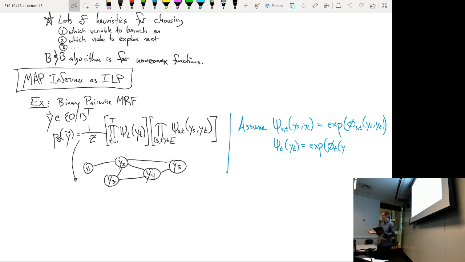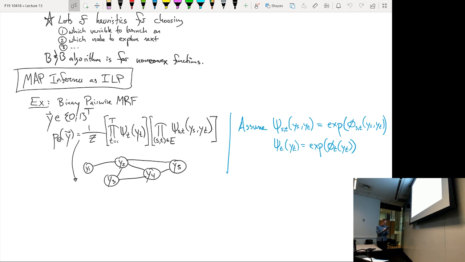So you can think of this like what you're doing for homework 2, where the phi's are, say, the output of some LSTM or something or other, and we're exponentiating them to get back something non-negative.